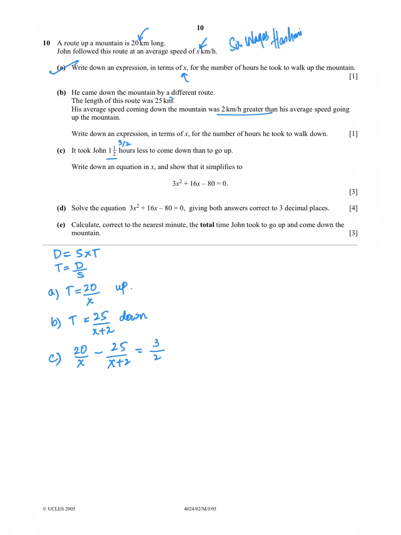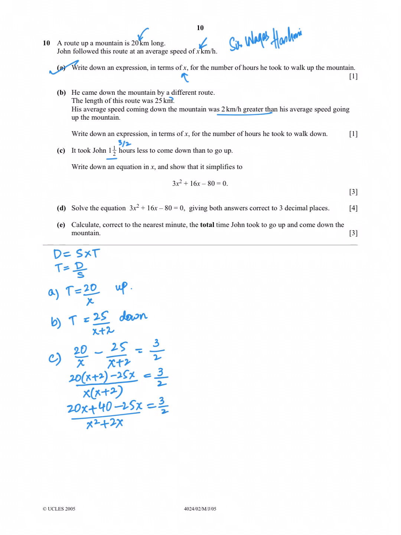Now we need to solve this equation, and firstly I need to take LCM here. So that will be x times x plus 2, right? And it's 25 times x plus 2 minus 20 times x equals to 3 divided by 2. Alright, now I need to multiply the brackets. So that will be 25x plus 50 minus 20x divided by x square plus 2x equals to 3 divided by 2.